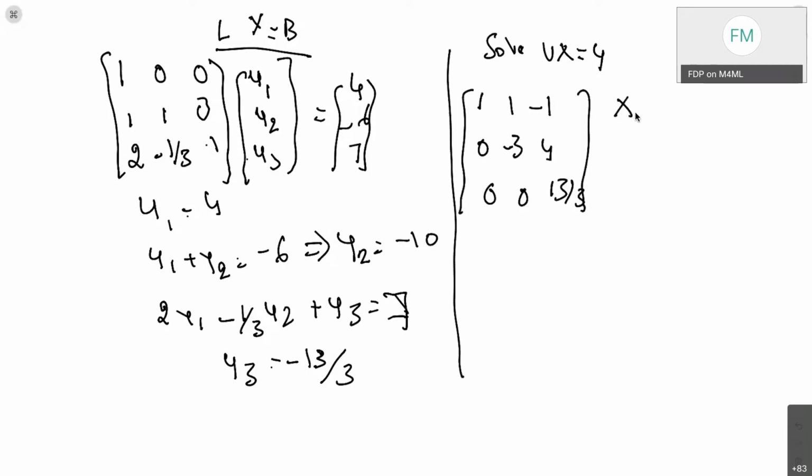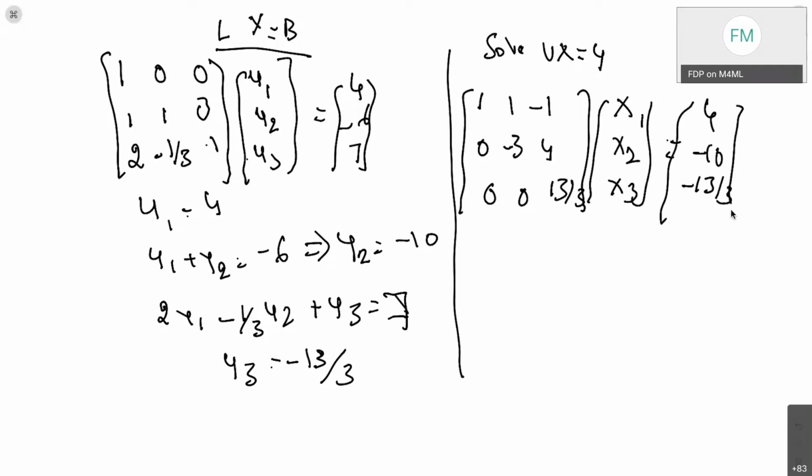You have x1, x2, x3, and that leads to 4, minus 10, minus 13/3. So x1 + x2 minus x3 = 4.